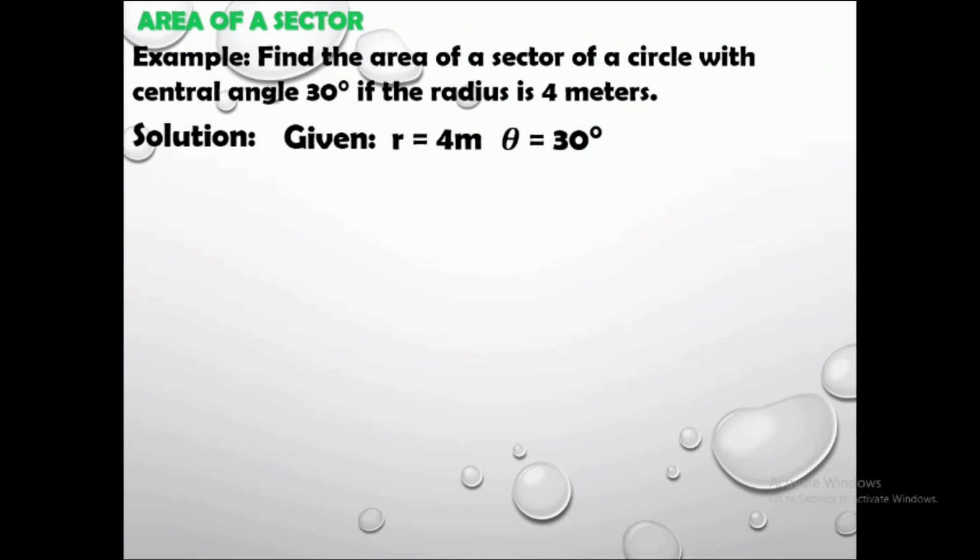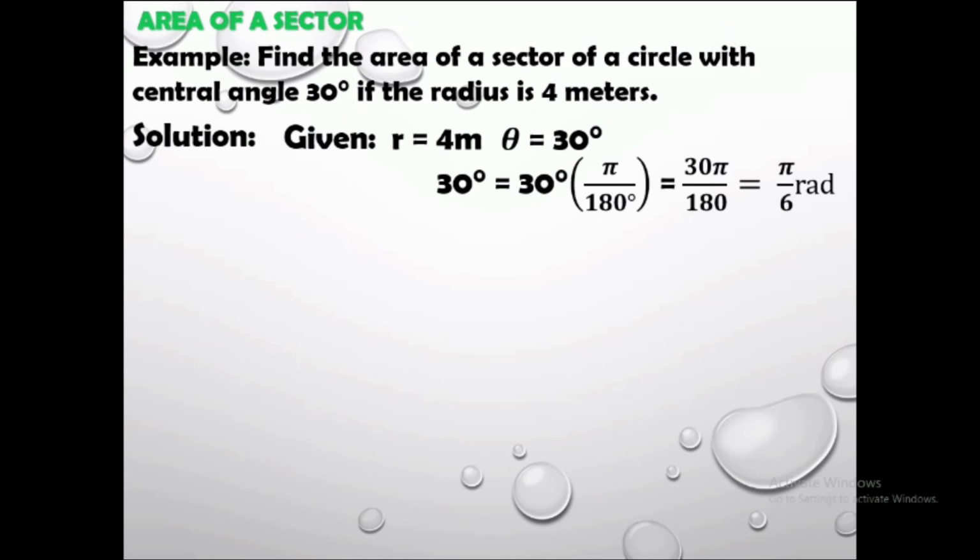Since the given angle is in degrees, we convert it first to radian measure. So that is 30 degrees multiplied by pi over 180 degrees equals 30 pi over 180. And the lowest term is pi over 6 radians.